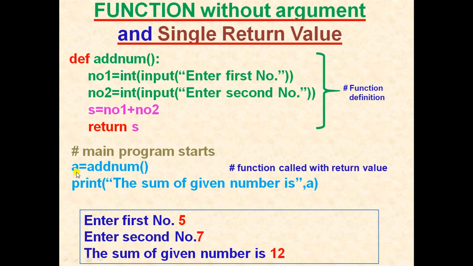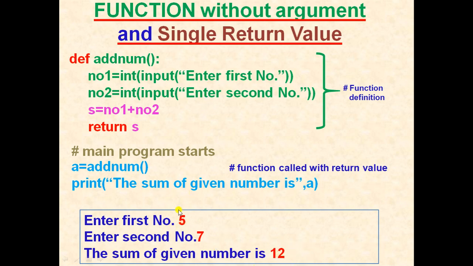Like here, A is equal to add num. Here the function is called with a return value. Whatever value is returned by this definition section is assigned to A, and when we print the sum of the given number as A, the value is displayed like this.